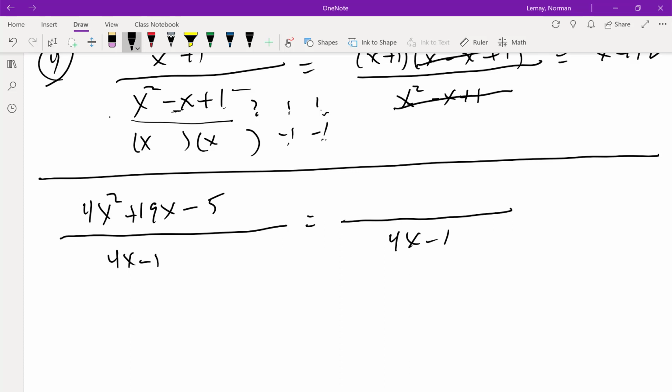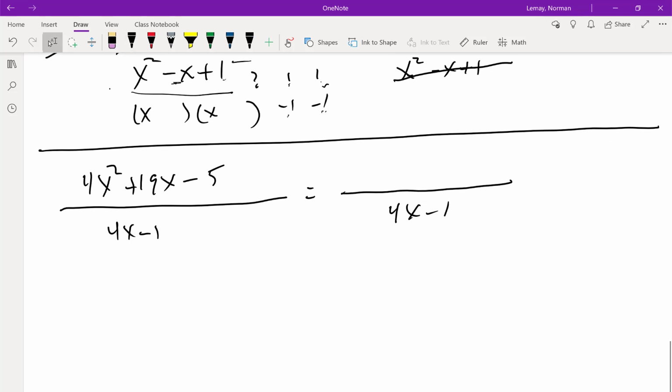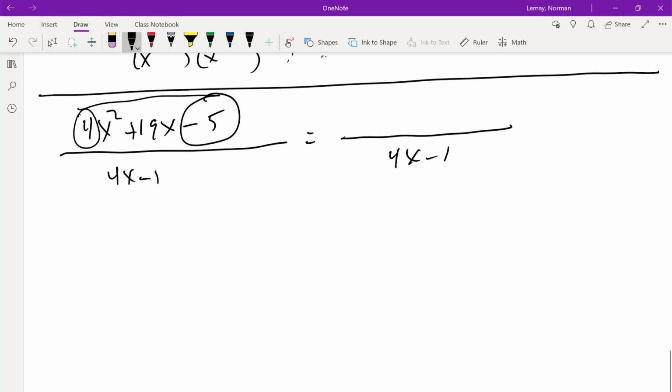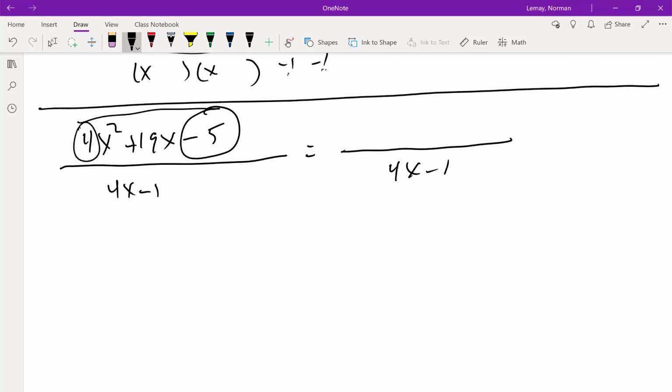But let's come over here and take a look at this top part. Let's observe, if I take 4 and multiply that by negative 5, this is going to give me negative 20. So the question now is, are there any factors of negative 20 that will add up and give me 19?